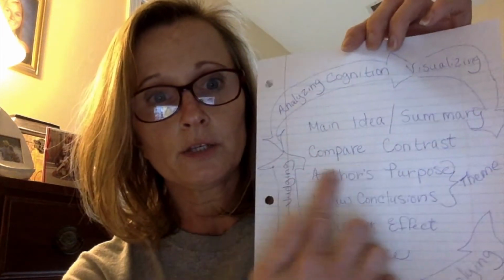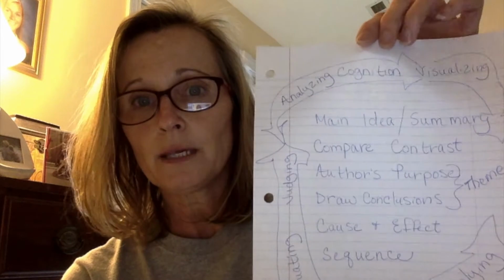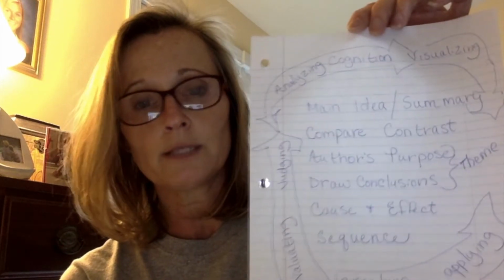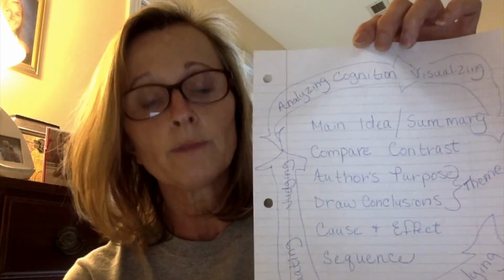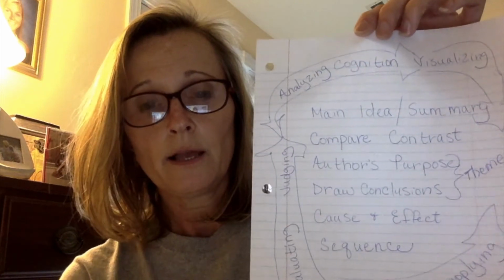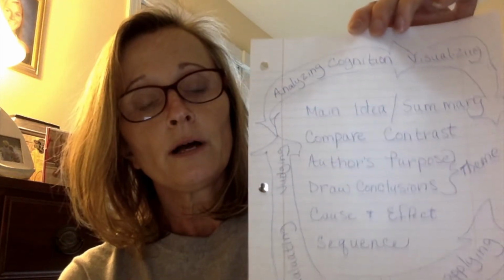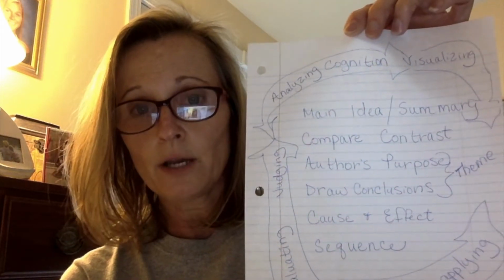So we're teaching them that comparing and contrasting can be a way that an informational text's details are organized. And so we're going to be looking for words that show how whatever it is that they're comparing are alike and different.